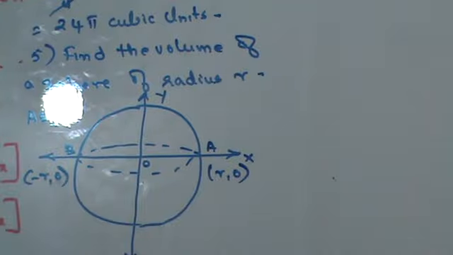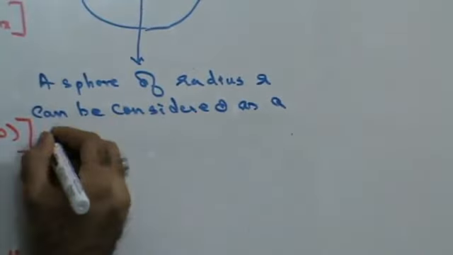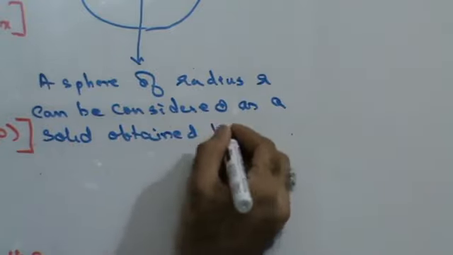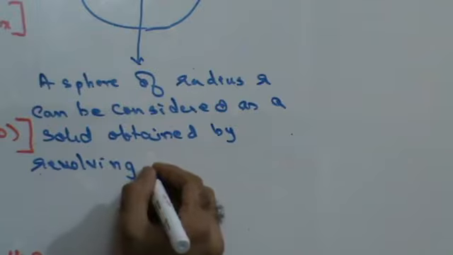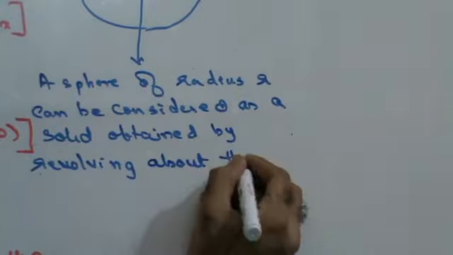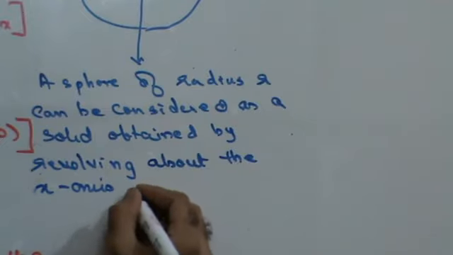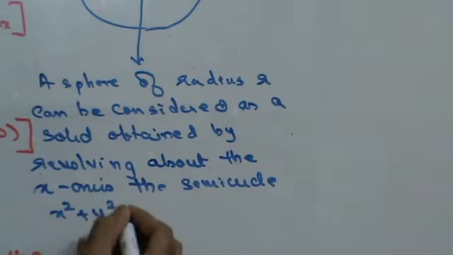So I can say that a sphere of radius r can be considered as a solid obtained by revolving about the x-axis the semicircle x square plus y square is equal to a square.